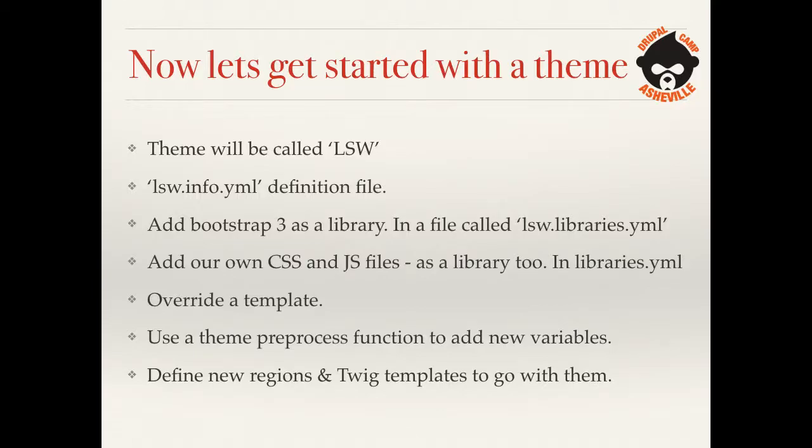We'll override a template. We'll use some theme preprocess functions to insert some extra variables into our templates, and then actually spit them out in the template. And then we'll also define some regions and twig templates to go with them. And what we'll also do is show you how to define your own theme suggestions for template names.